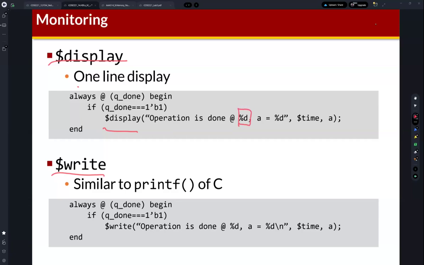Percent D means the decimal number, and it is mapped to this one, and another percent D is mapped to the A. It's similar to the printf function, but display just prints out one line of this value, and then write is nearly equivalent to the printf function of C.